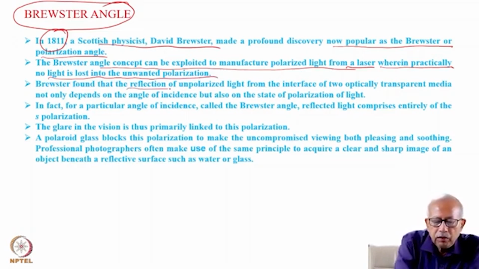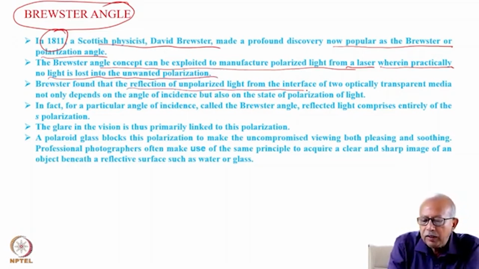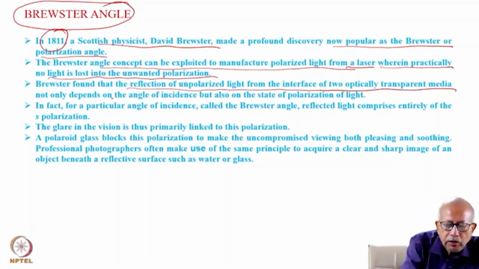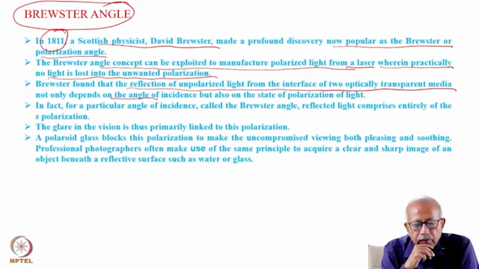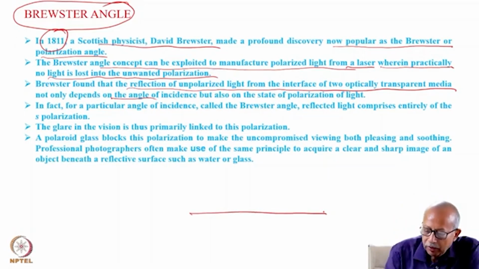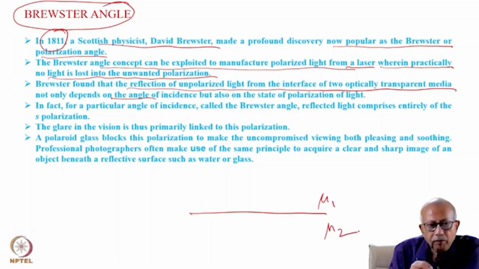Brewster found that the reflection of unpolarized light from an interface of two optically transparent media depends not only on the angle of incidence, but also on the state of polarization of light. So for instance, you know that on an interface separating two optically transparent media, say, let us assume that this is a medium of refractive index mu1 and this is a medium of refractive index mu2.